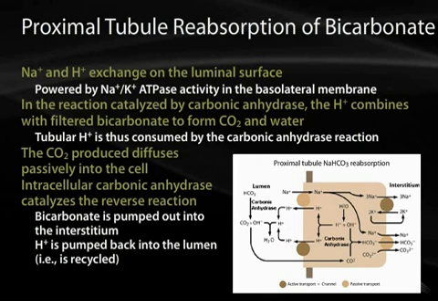Bicarbonate is then free, and a sodium-bicarbonate cotransporter exists on the basolateral side of the tubular epithelial cells. This is how bicarbonate is then reabsorbed into the peritubular capillaries and into the bloodstream. The hydrogen created from that reaction is recycled through the sodium-hydrogen exchanger.